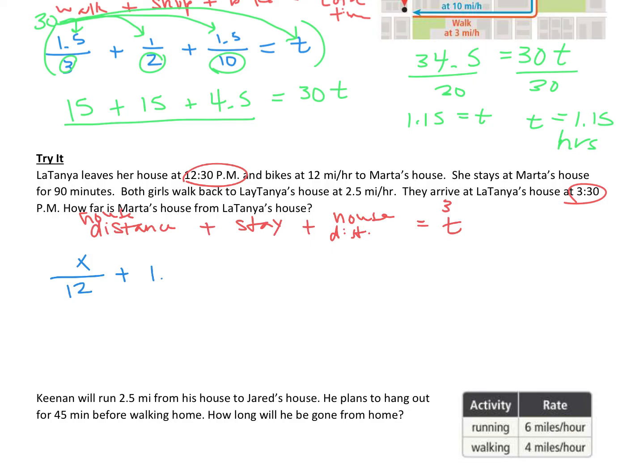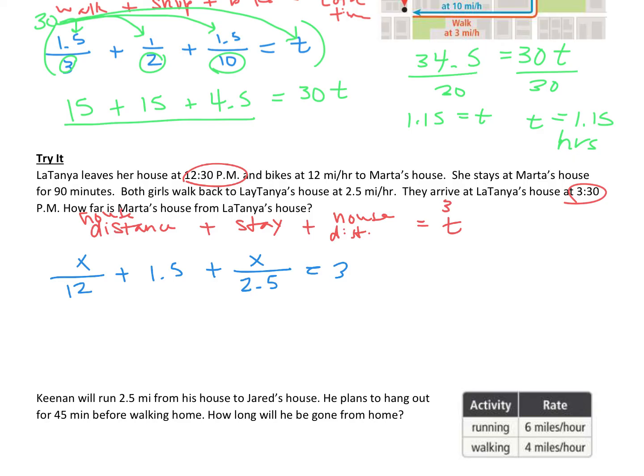So we want this all in the same unit, so 1.5 hours. Plus, now to get back to LaTanya's house, again, we don't know that distance of getting back, but we do know that they're walking back at their rate, their speed of 2.5 miles per hour. And all of that takes 3 hours.